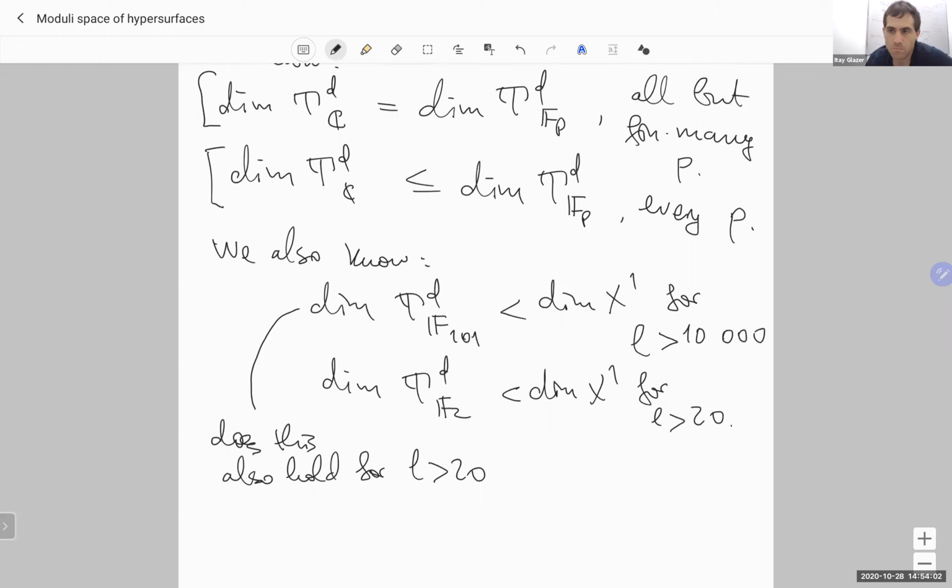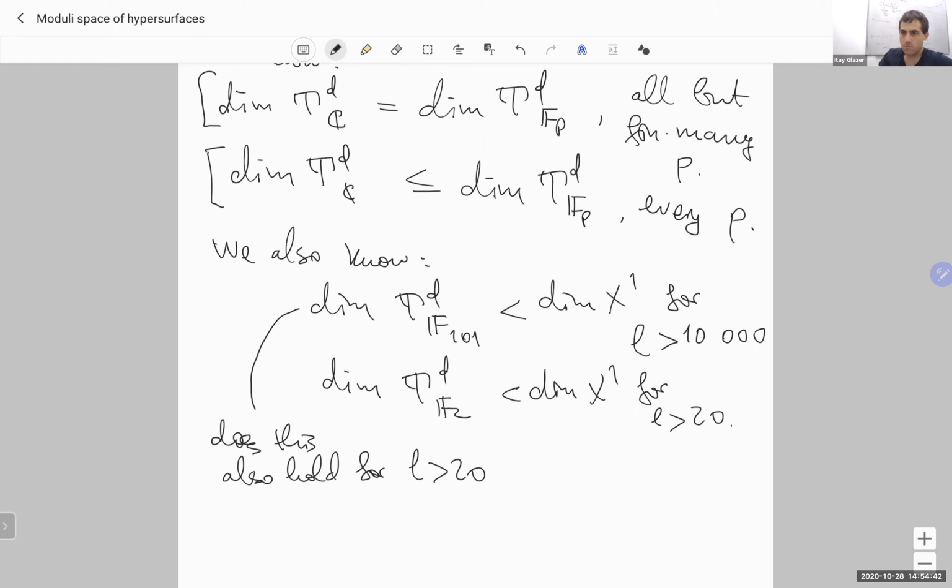Okay. So the dimension of TD over C is the dimension of TD over F_p for all but finitely many P. So there are finitely many exceptions. I can take the largest L that works for the exceptions and the one that works for the generic fiber, and then any L greater than that works uniformly for all the primes. Yes, I agree with this, but I prefer to state the theorem the way it's stated, because if I'm interested in the L for the characteristic 0 case, I'm better off taking the L in characteristic 2 because it's smallest.